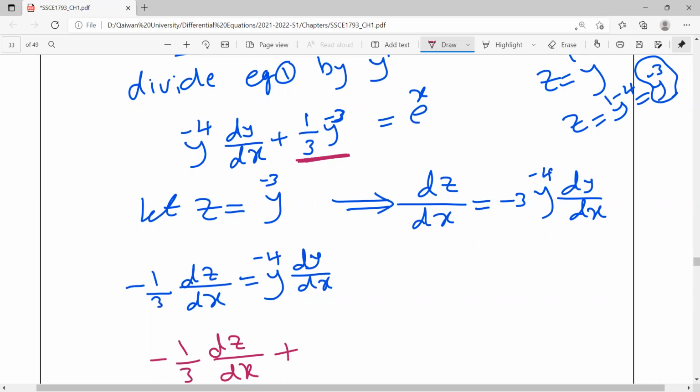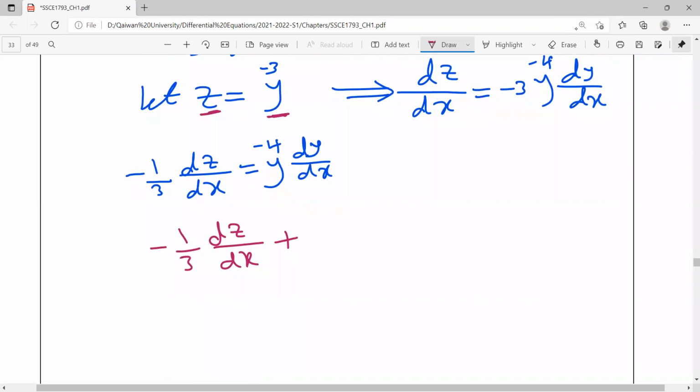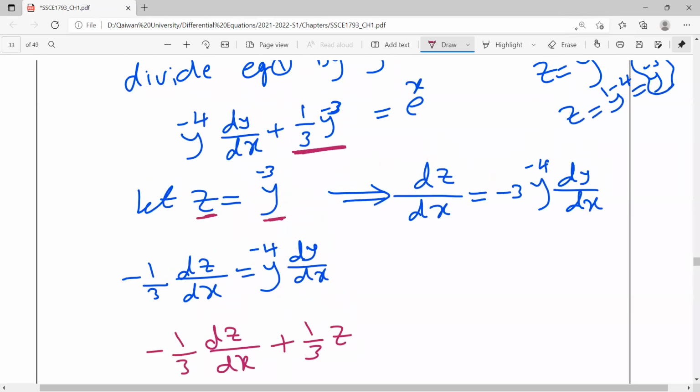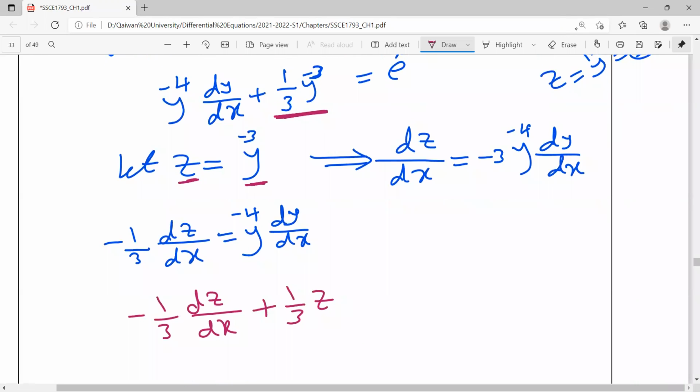And we say y to the power minus 3 is z. We replace y to the power minus 3 by z. So you get 1/3 z. We substitute there. And in the right hand side, we have e to the power x.